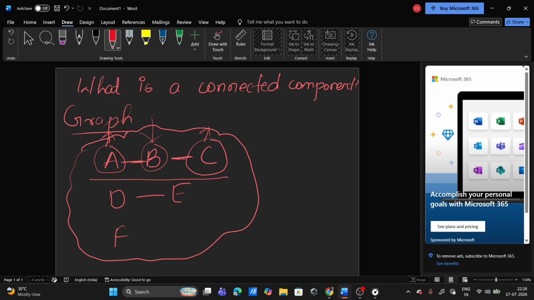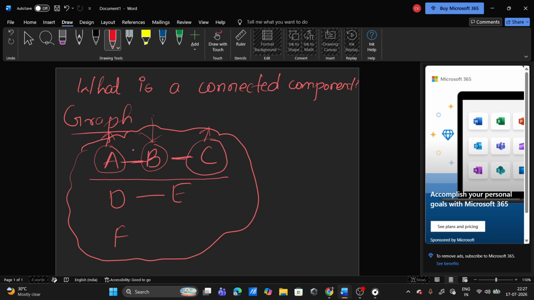So if you notice, in this particular component you can travel to each vertex from a particular vertex. If you start from A, you can cover both B and C. In other words, each vertex is reachable from every other vertex.